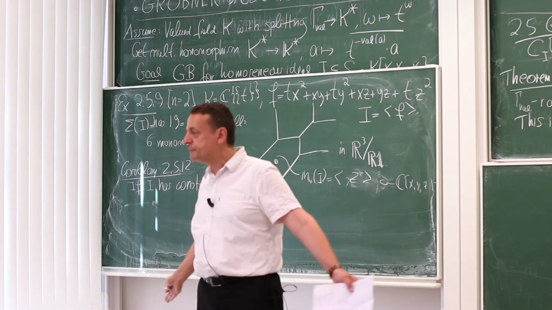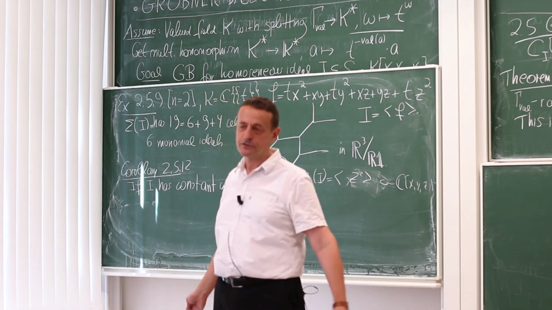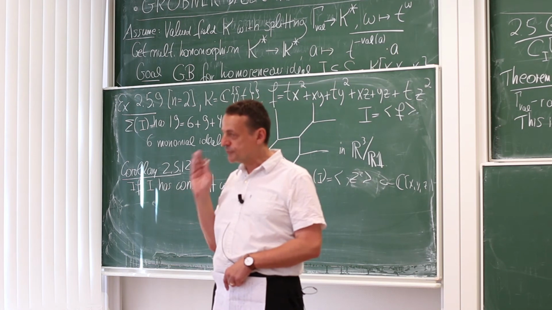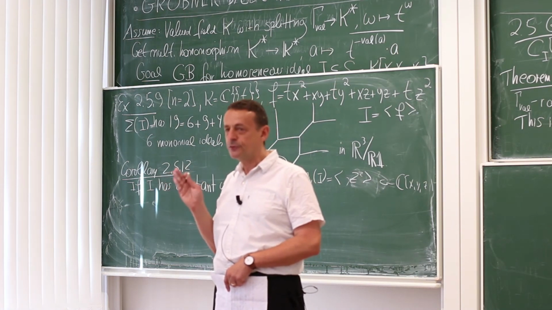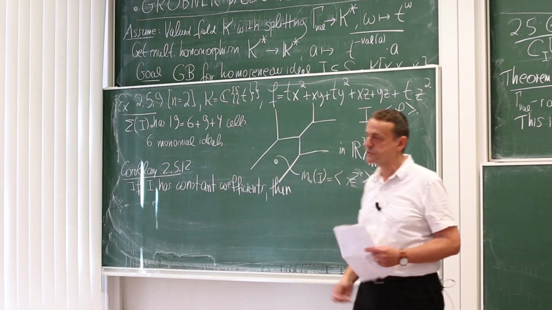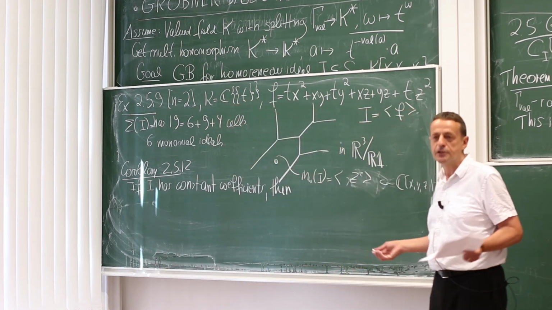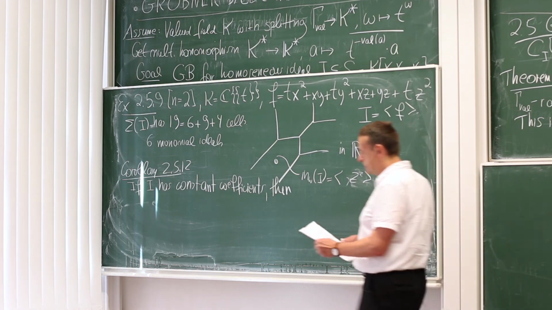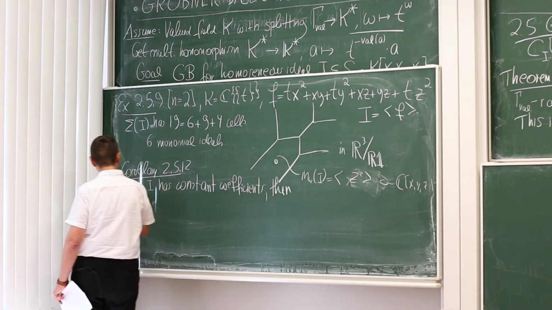Now this might happen if the field itself has trivial valuation. So if you start with the field with the trivial valuation, that is to say where the value group is just 0, then that's the case. So if your coefficients are just complex numbers, then there's no valuation. That's a constant coefficient situation. And then this is still meaningful.